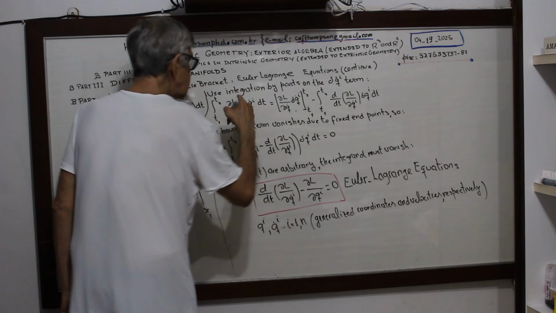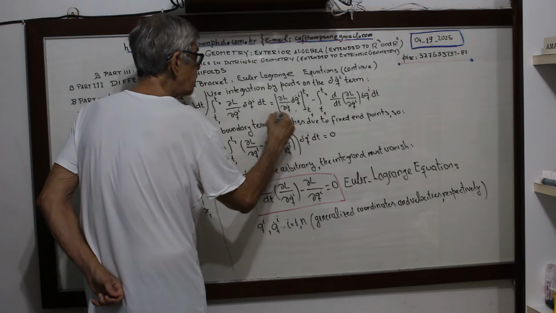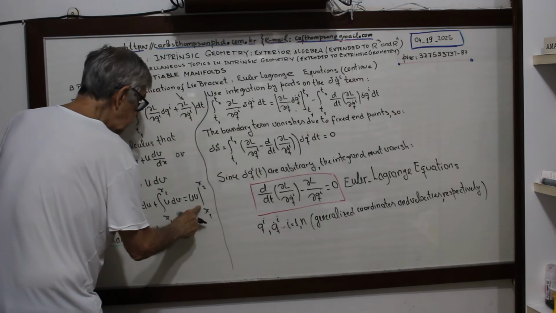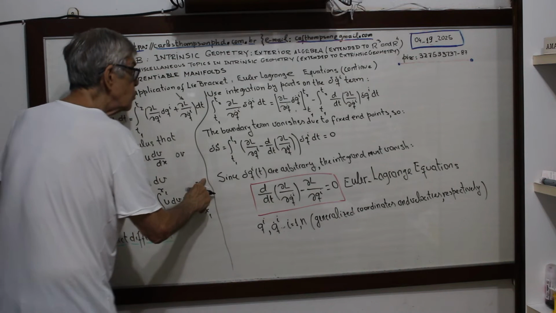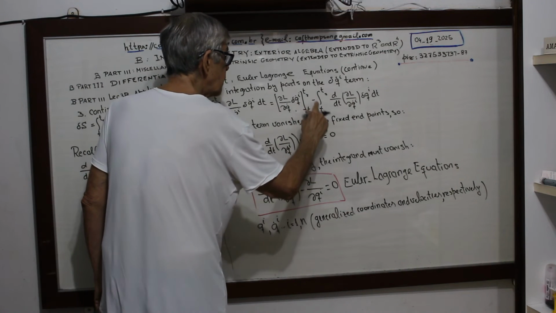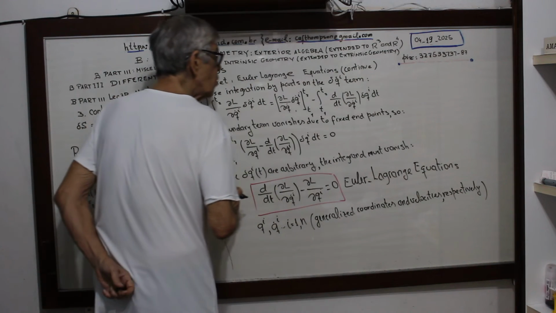Now, this is partial L with respect to q dot i, delta qi, dt. That's analogous to this uv between x1 and x2. But now it's between t1 and t2, minus this integral left.